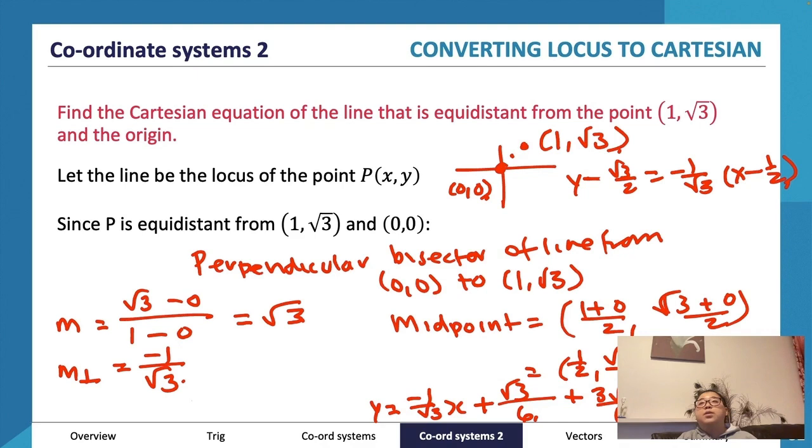If we convert it to something a bit nicer, we'll get negative root 3 on 3 x plus 2 root 3 on 3 as our answer overall. It's a bit squished, sorry. Yeah, so that will be our answer overall right there.